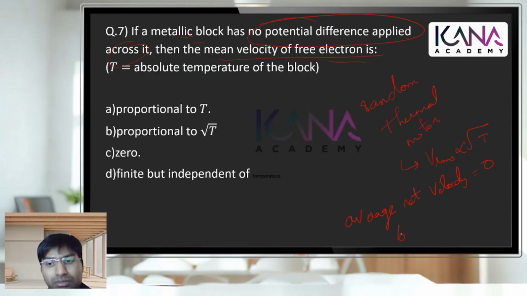Why? Because of random directions, they cancel. So it's option C, 0.